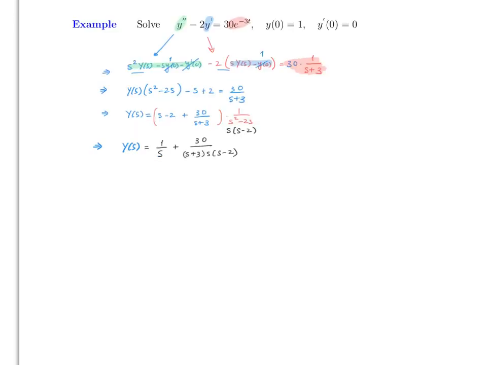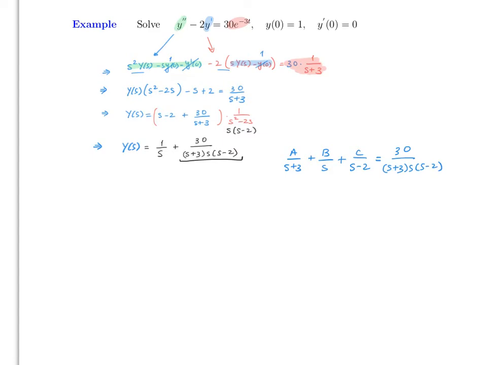Right, next we need partial fractions for this part. So we're going to have a over s plus 3 plus b over s plus c over s minus 2 is equal to 30 over the whole thing, which is s plus 3 times s minus 2.